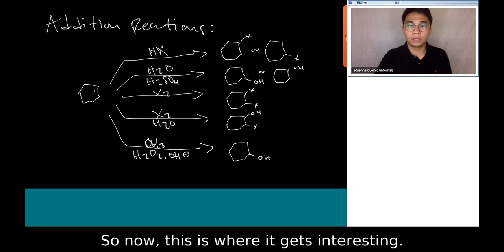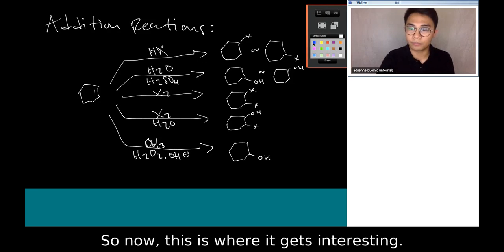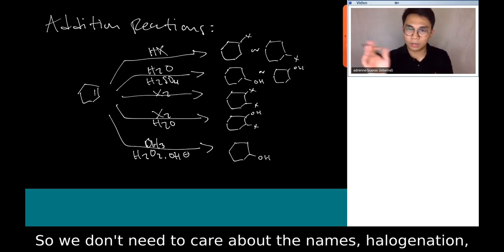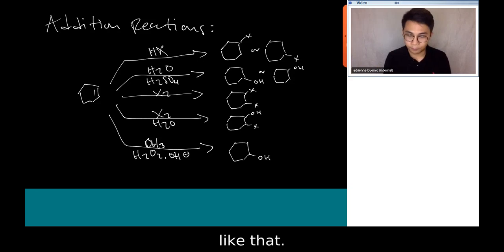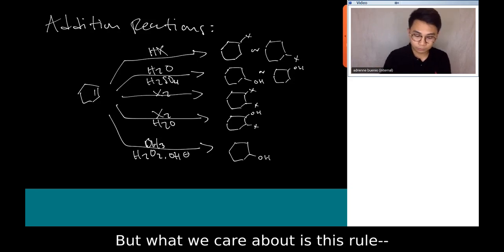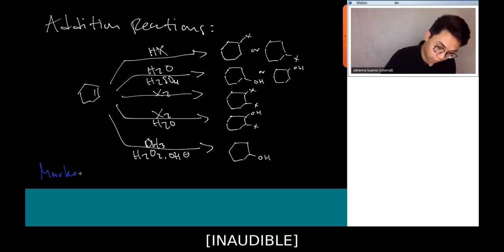So now, this is where it gets interesting. We don't need to care about the names, halogenation, hydration, halohydrogenation, things like that. But what we care about is this rule, Markovnikov.